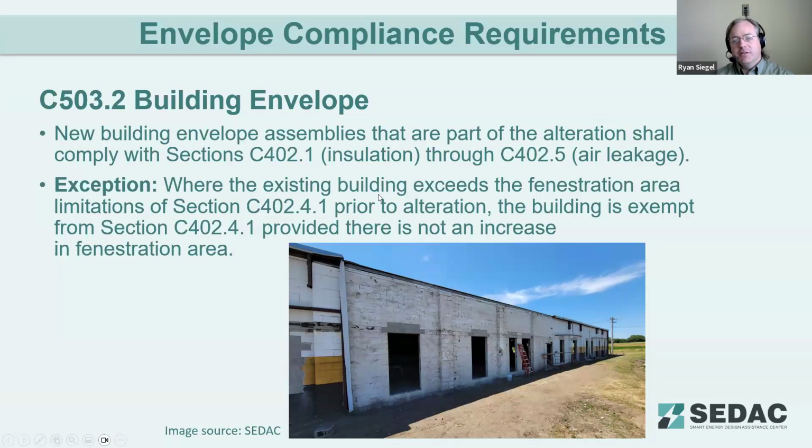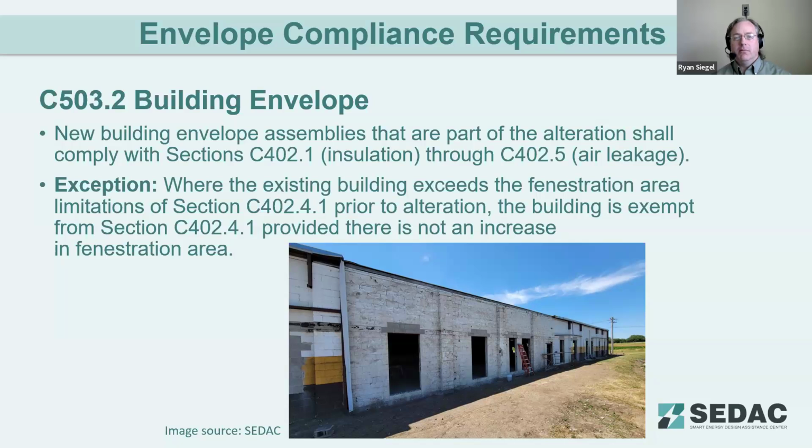The code also calls out, as far as the envelope fenestration area, the limitations of 30 to 40 percent, depending on whether you have the additional daylight harvesting controls or not. The code does allow you to maintain excess fenestration areas.